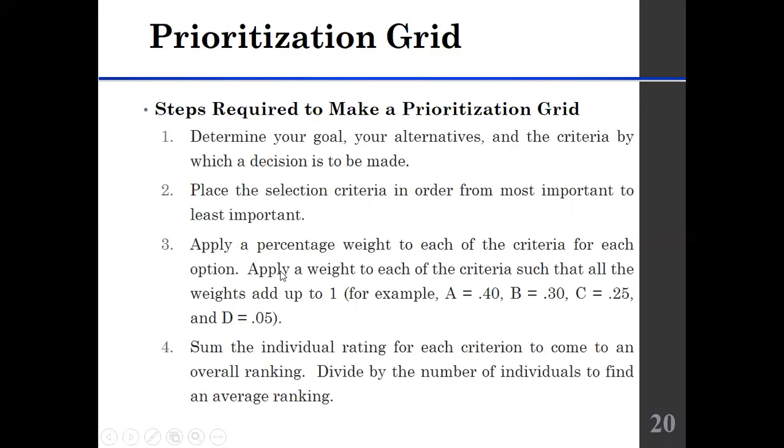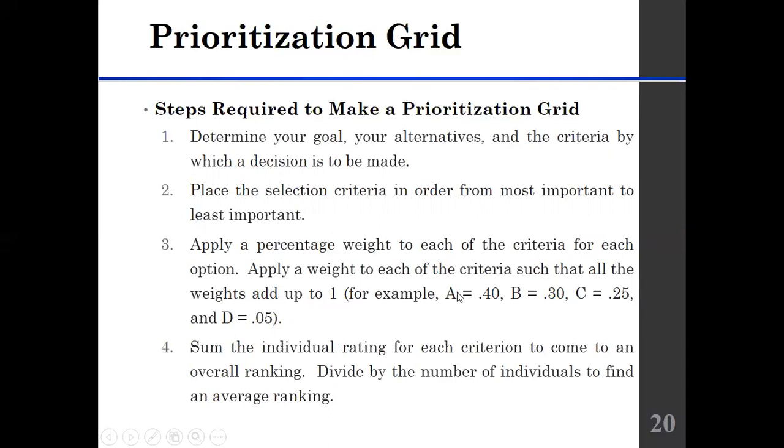So you have to add a percentage weight. That means that you should assign a weight to each criterion in points. When you add these points, the sum of all of these points should be equal to 1. So apply a weight to each criterion such that all the weights add up to 1.